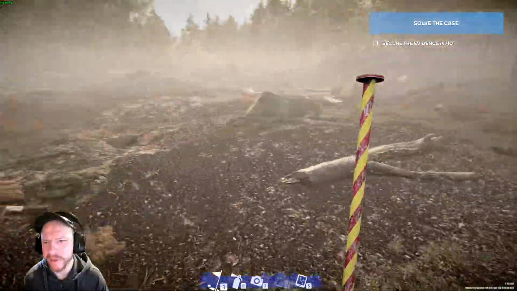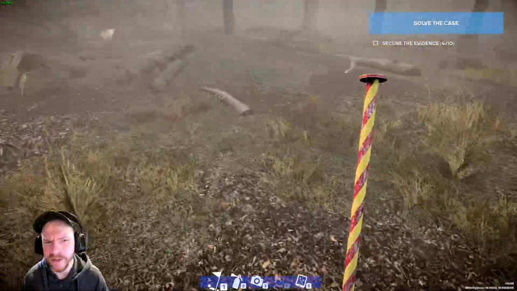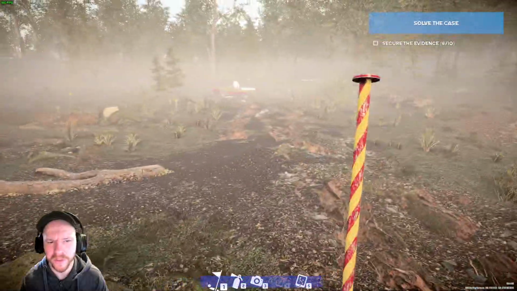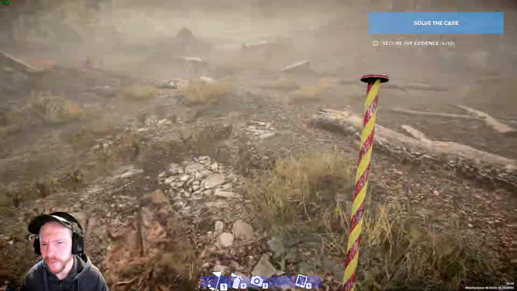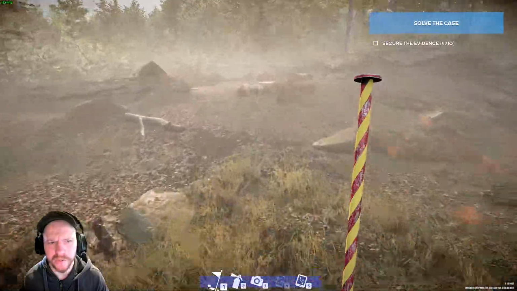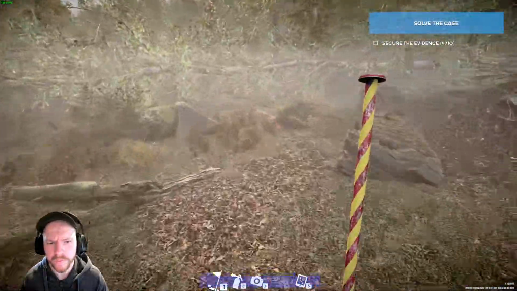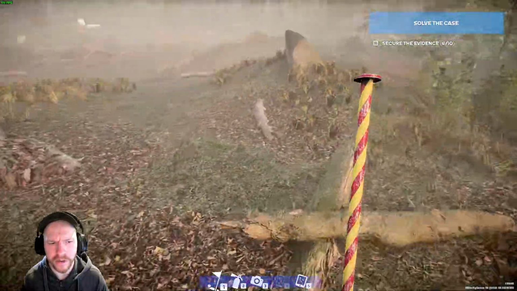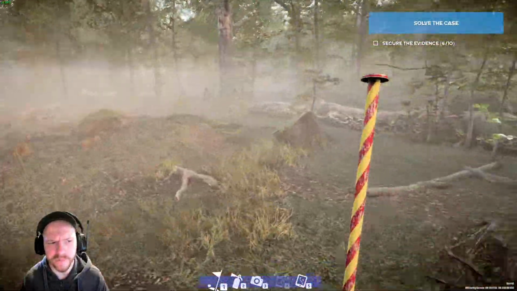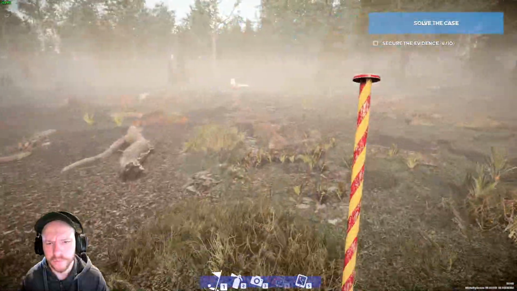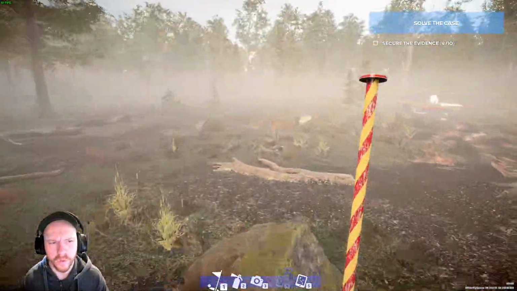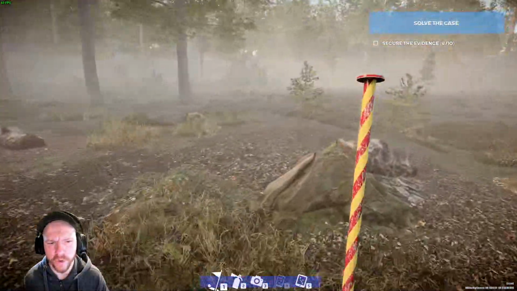Okay, there's not that. Right, it looks like the plane's dragged for a long way. So it's come from this direction. So my natural presumption is there would be more wreckage this way. Doesn't look like it. Okay, so we've secured that bit of wreckage. All the bits of wreckage here seem secure.